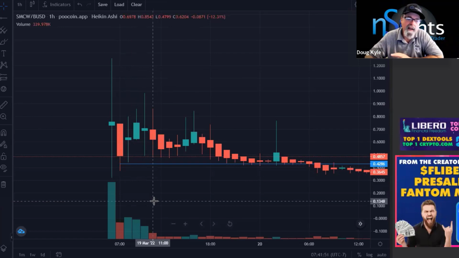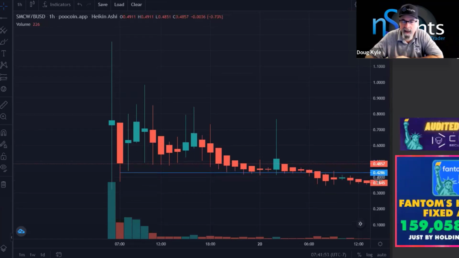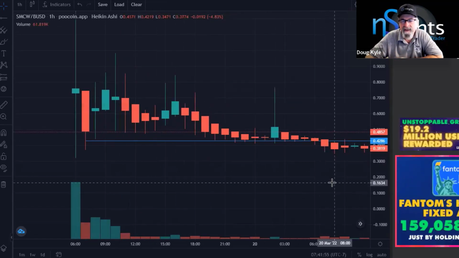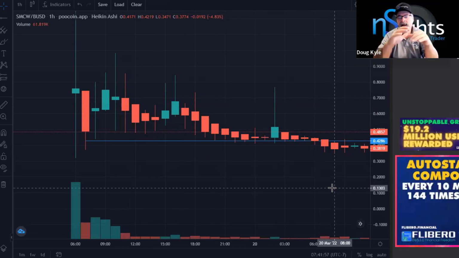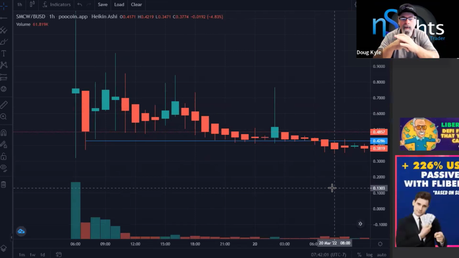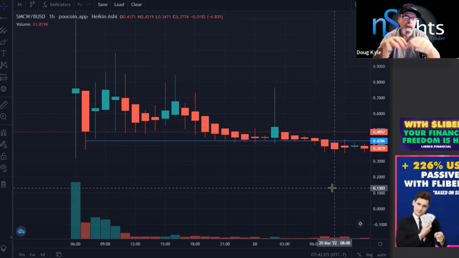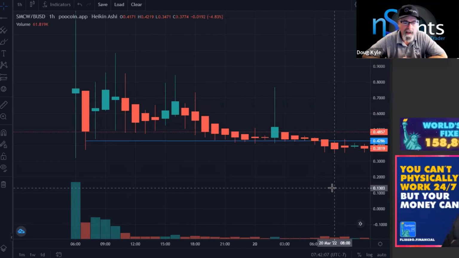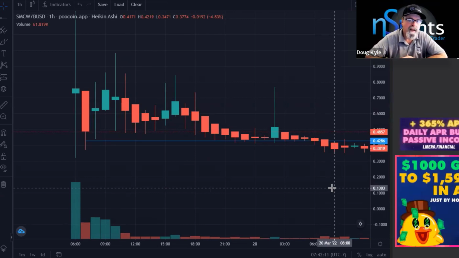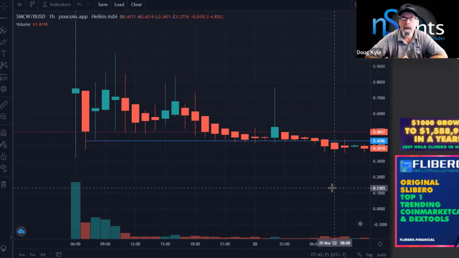When we design nSights, and I don't know how sophisticated this area is yet in terms of what I can do on the blockchain and what I can do with limit orders, but in our system, if we can do this, we'll probably end up developing what we call OCO limit orders.